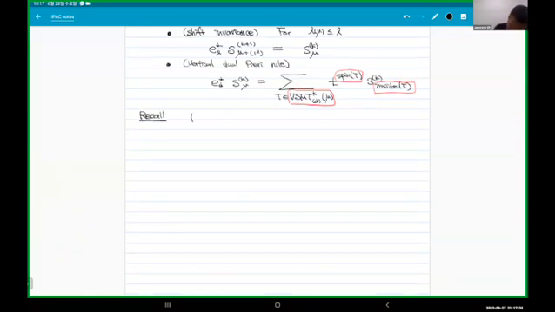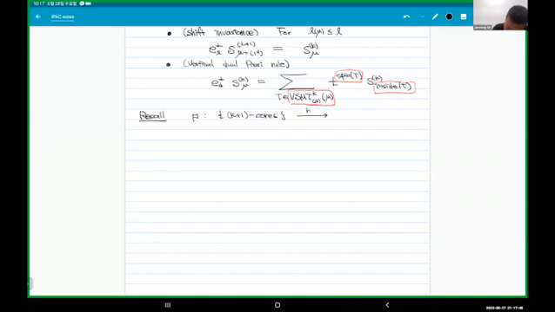Anyway, there is a natural bijection between the set of k+1 core partitions and k-bounded partitions. A k+1 core partition is a partition without a cell whose hook length is k+1.